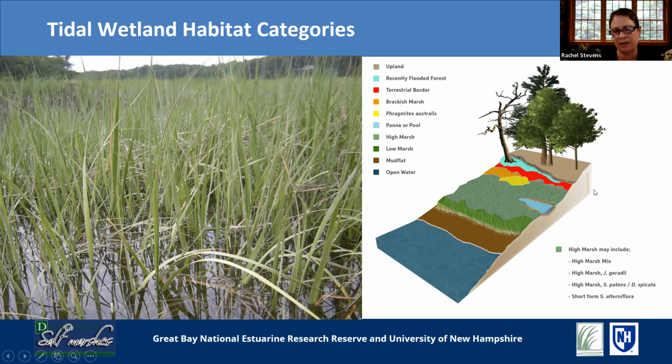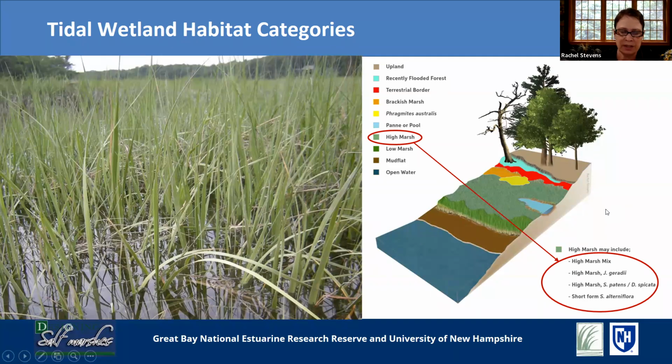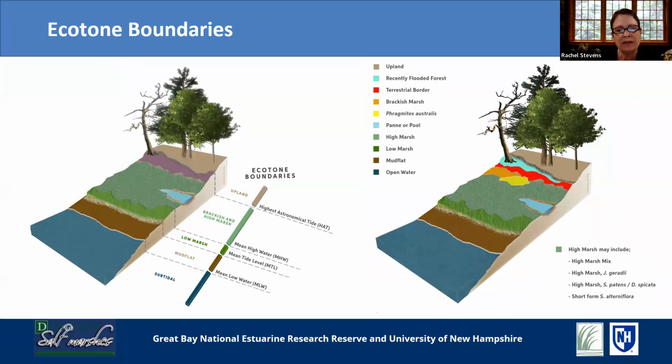And we've simplified this diagram to show just high marsh, but it's actually composed of these 4 different habitat types. These are the ones that are included in the statewide land cover data set that we have for tidal wetlands. We can then simplify these habitat categories and roll them up to look for ecotone boundaries and the associated tidal datums with those ecotone boundaries.